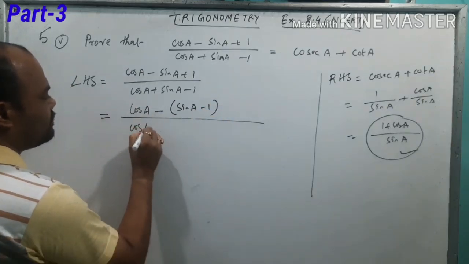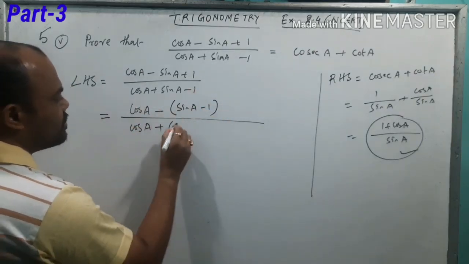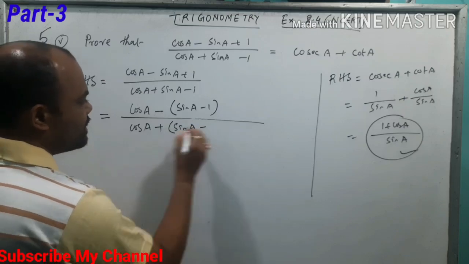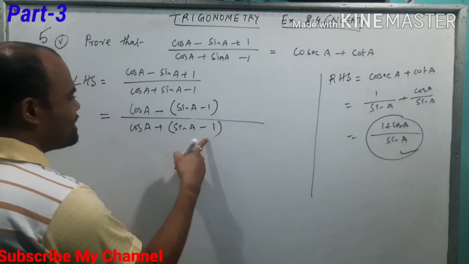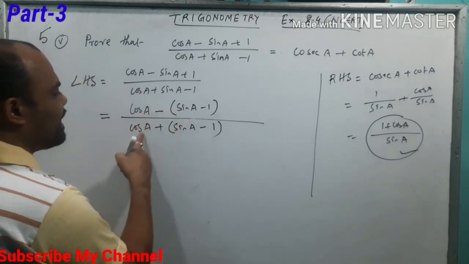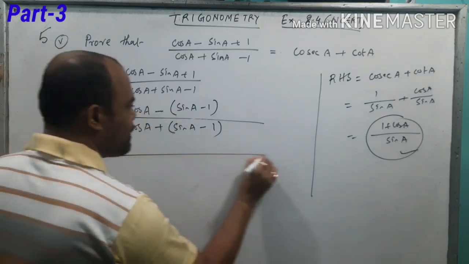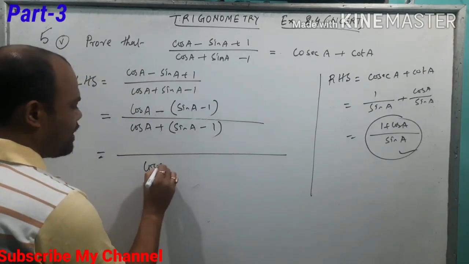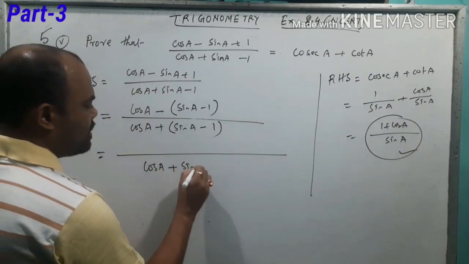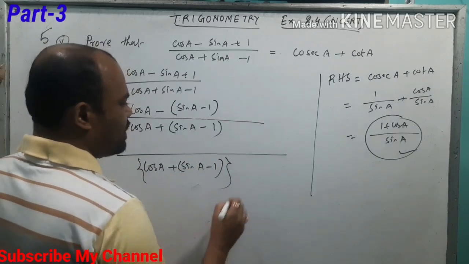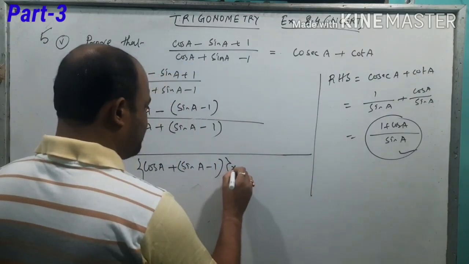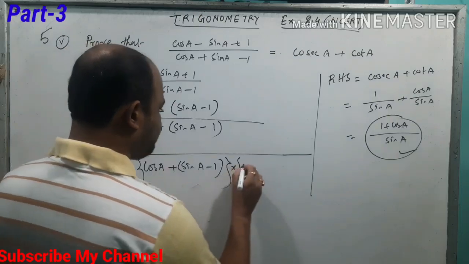Here plus is there, so no sign change will be there. Now see, sin a minus 1, sin a minus 1 same, so the form is (a minus b) by (a plus b). In this case, multiply numerator and denominator by the conjugate of the denominator, which is done in class 9 in the surds.